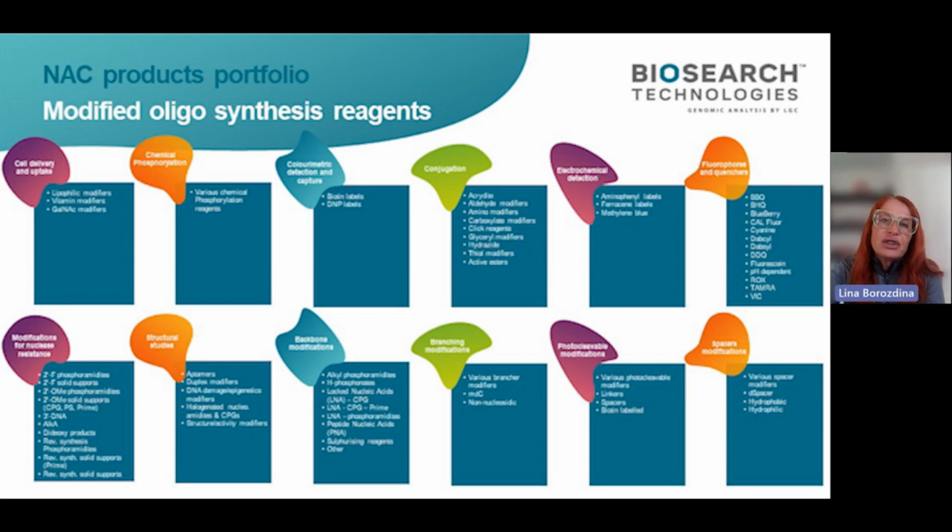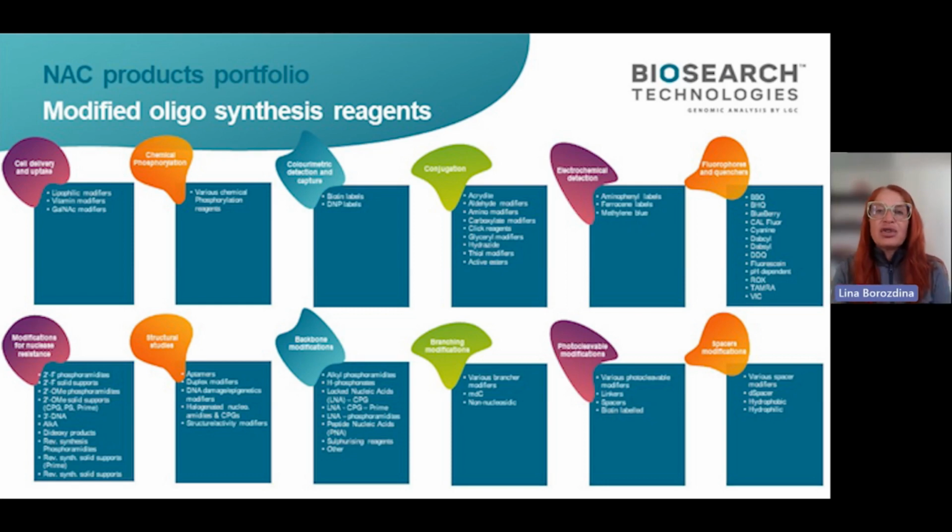Chemical phosphorylation. The phosphorylation reagents are good because currently gene synthesis is a pretty big thing in the industry. So you add the phosphorylation reagent to the end of your oligo, and with the help of an enzyme it helps connect the two strands together.